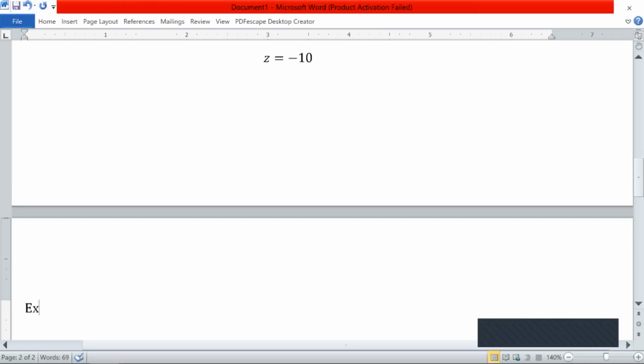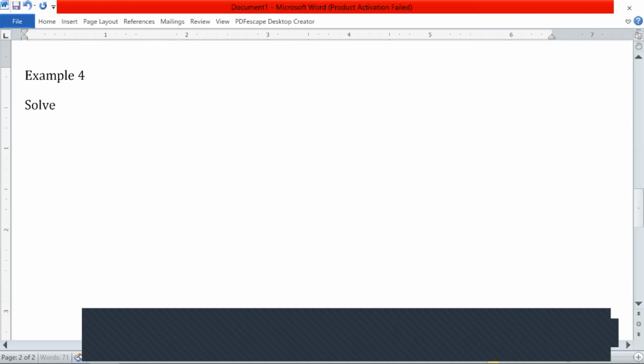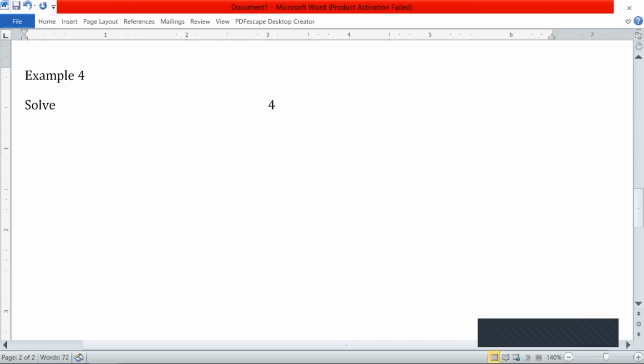Example 4. Solve, here's your equation. 4 to the power of 5 minus 9x.